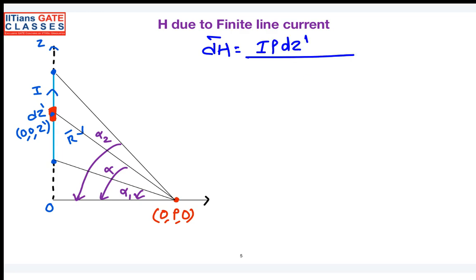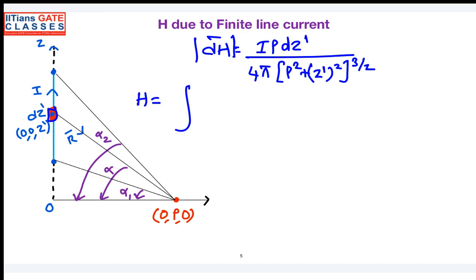This is the magnetic field intensity due to this small current element. Now I want to find the total magnetic field, so you need to integrate: I rho dz prime divided by 4 pi, rho square plus z prime whole square, whole power 3 by 2.